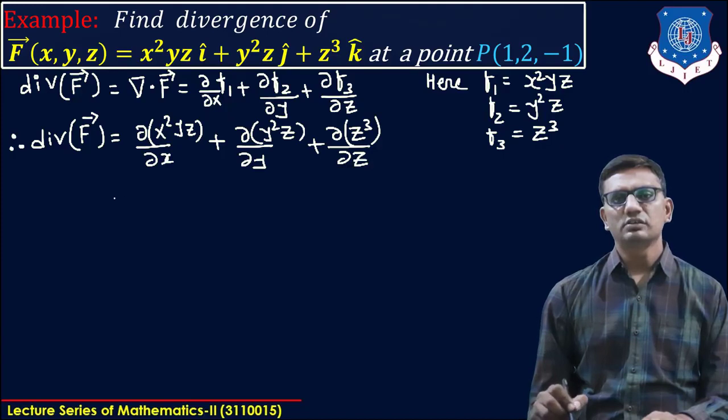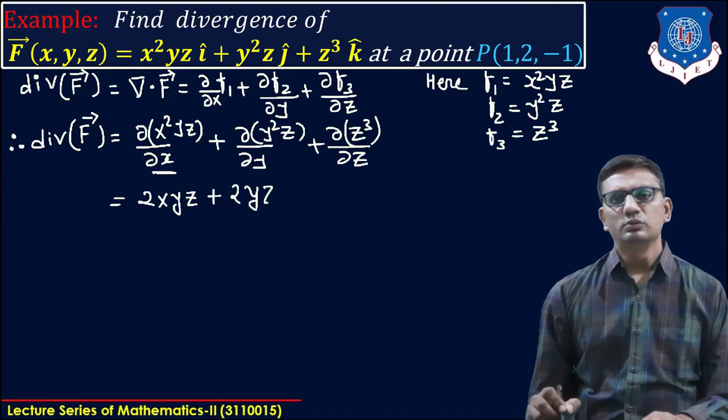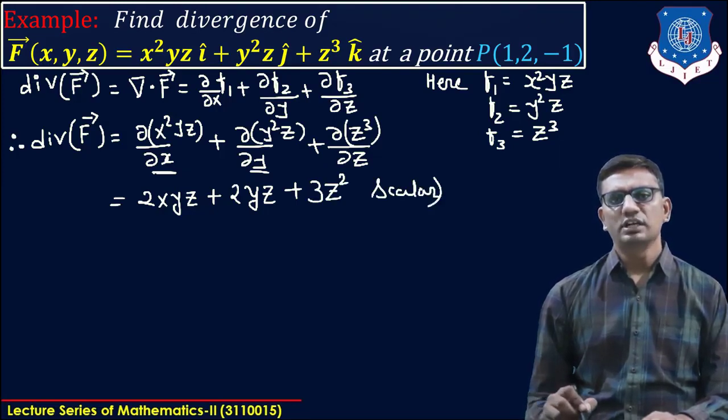It is a very easy concept to find the partial derivative. So 2xyz is the first component's partial derivative, 2yz is the second component's partial derivative, and 3z square is the partial derivative of the third component, which is a scalar quantity.